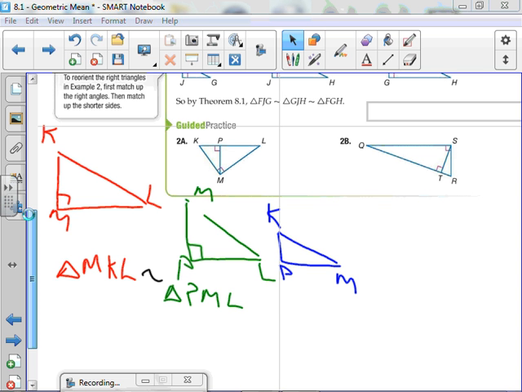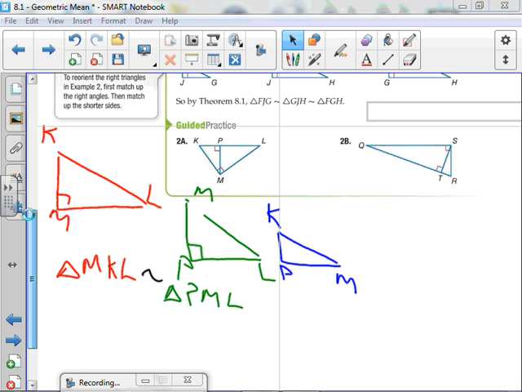So, welcome back, everybody, if there was an interruption. So we had this similar to triangle PML, and all of that was similar at this point to triangle PKM. That's the whole point of what we're doing. As long as you have the first ones that line up with each other, the second ones that line up with each other, and the third ones that are in the same spot as each other, then you have it correct.